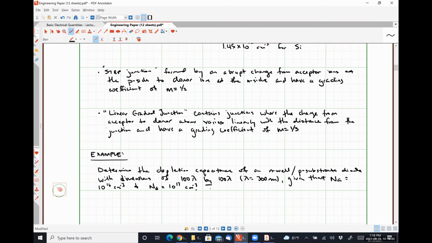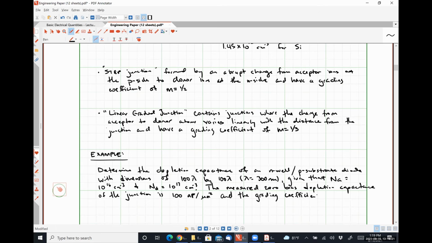The measured zero bias depletion capacitance of the junction is 100 attofarads, so 10 to the minus 18 per micron squared, and the grading coefficient is m equal to 1/3.